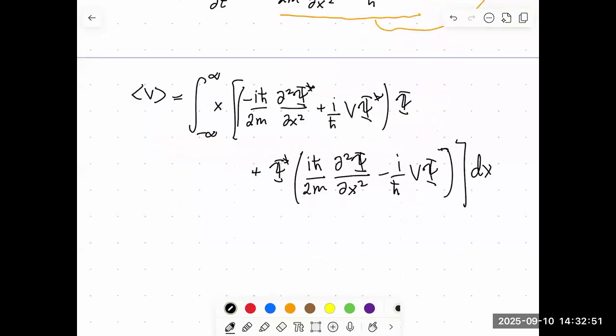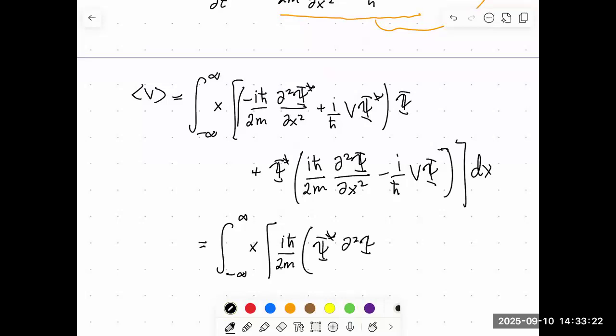All right. So what do we get? Integral from minus infinity to infinity of x. I'm going to write this term first. We're going to have phi star and an i h bar over 2m, phi star, and then it multiplies this derivative, d2 phi dx2.